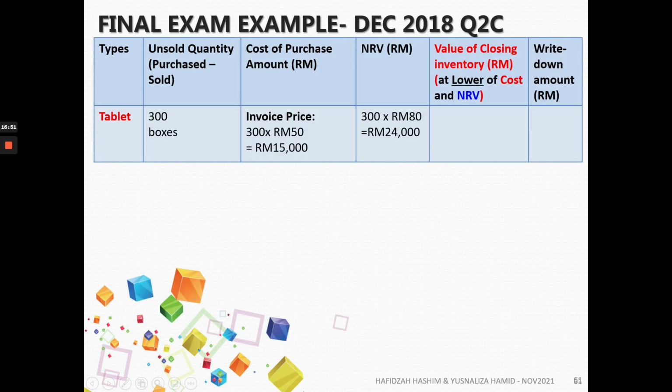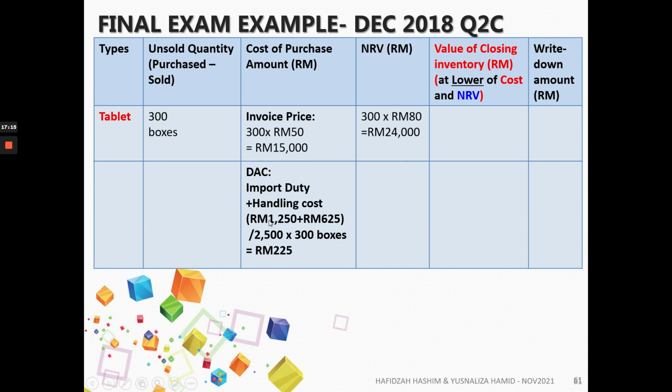So now we move on to the next item, tablet, with the same thing, only that the unsold item is 300 boxes with different invoice price, with different NRV per box. So we are going to go and multiply each of the things with the 300. So 15,000, NRV is 24,000.